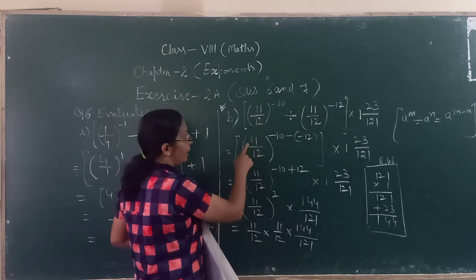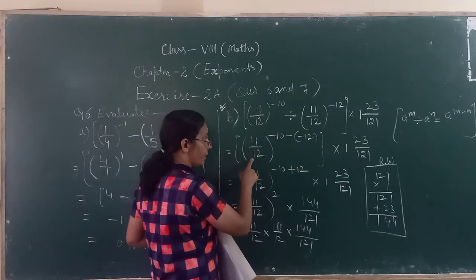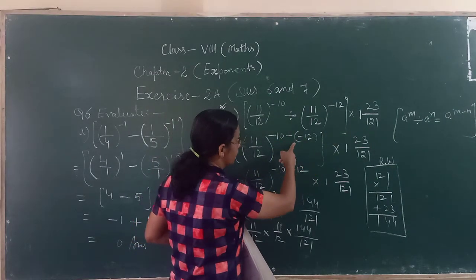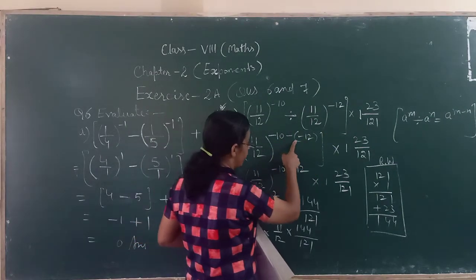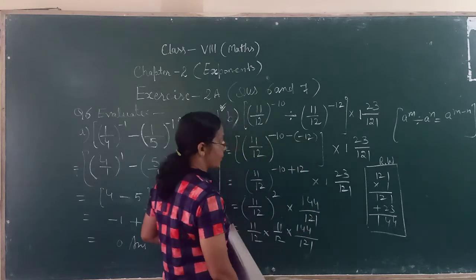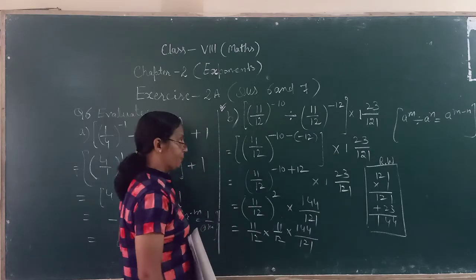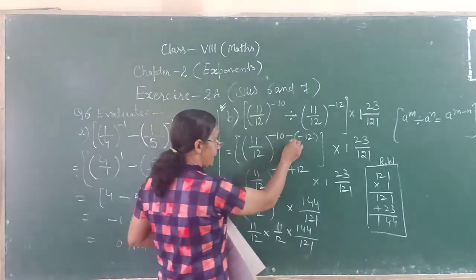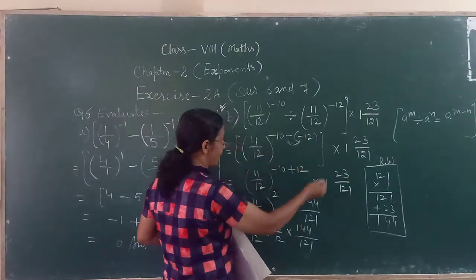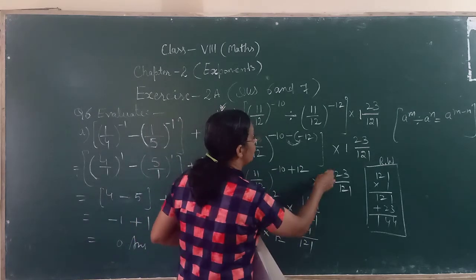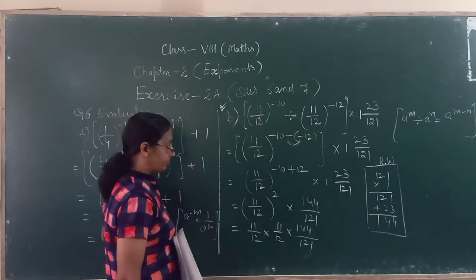So 11 by 12 will come with the power minus 10 minus, because the second number is also negative, minus 12 in the bracket we have to put. Then bracket close, and the last number we write the same. Now here see two signs are there, so we solve the bracket first. That is 11 by 12 raised to minus 10 plus 12, into this will remain same.